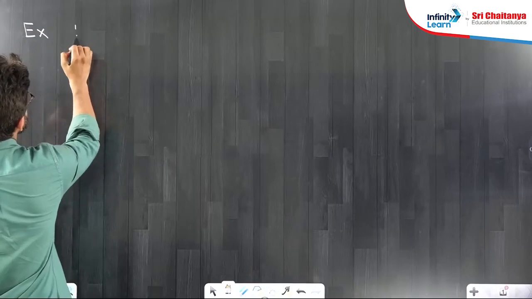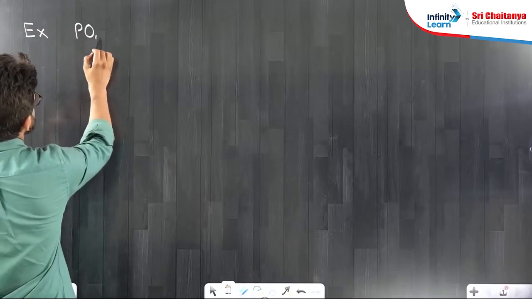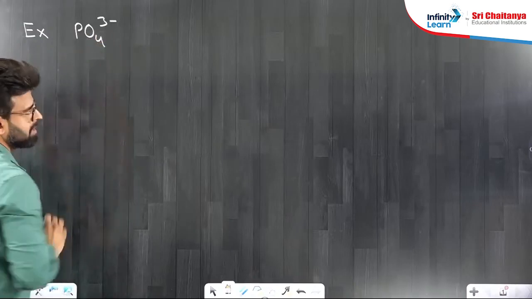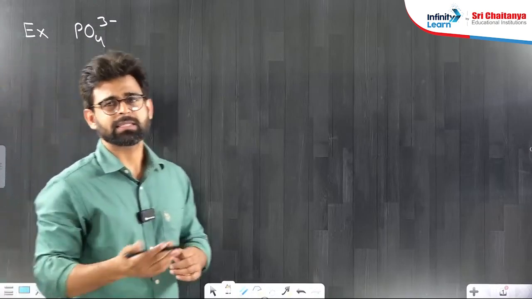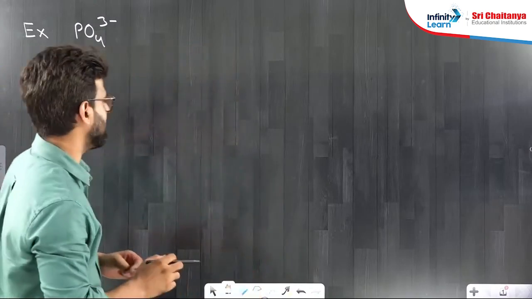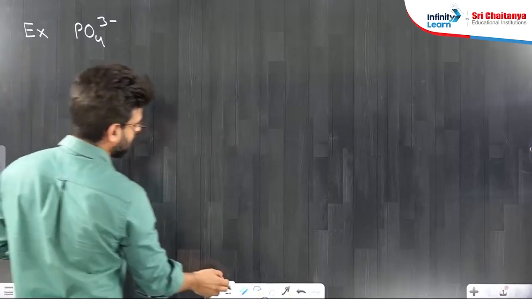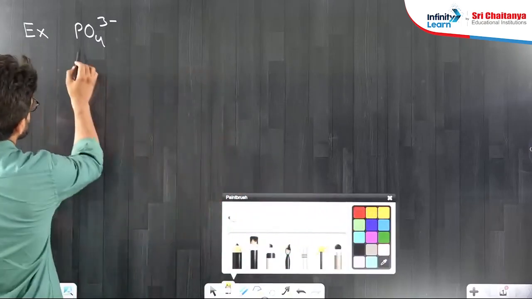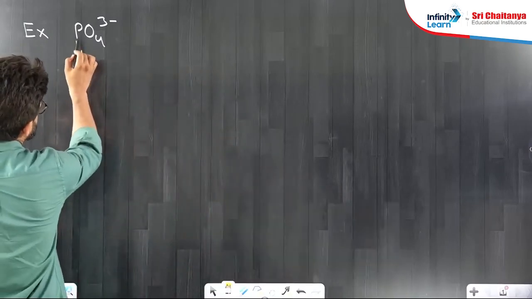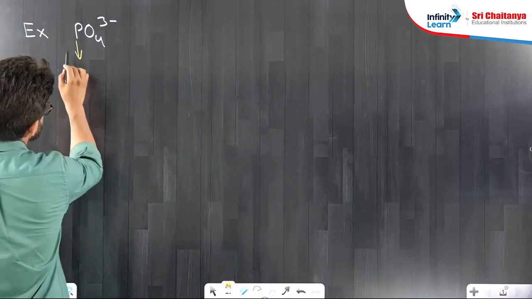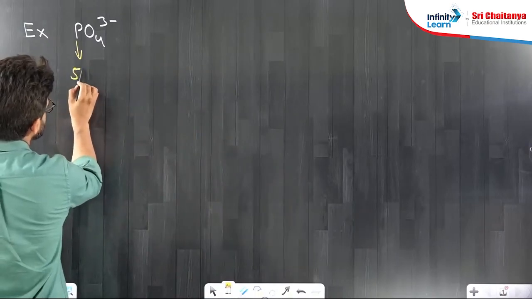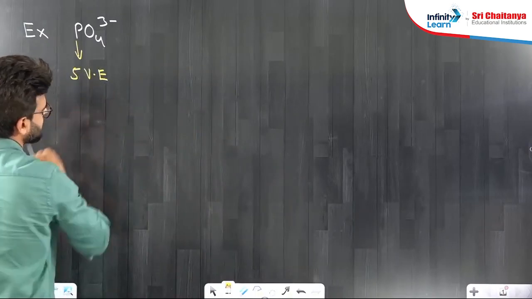Imagine I have here the phosphate ion, PO4 3 negative, right? I want to draw its structure. The first thing is you have to identify that phosphorus is my central element and write the valence electrons of phosphorus. It is a 15th group element, so it has 5 valence electrons, right?